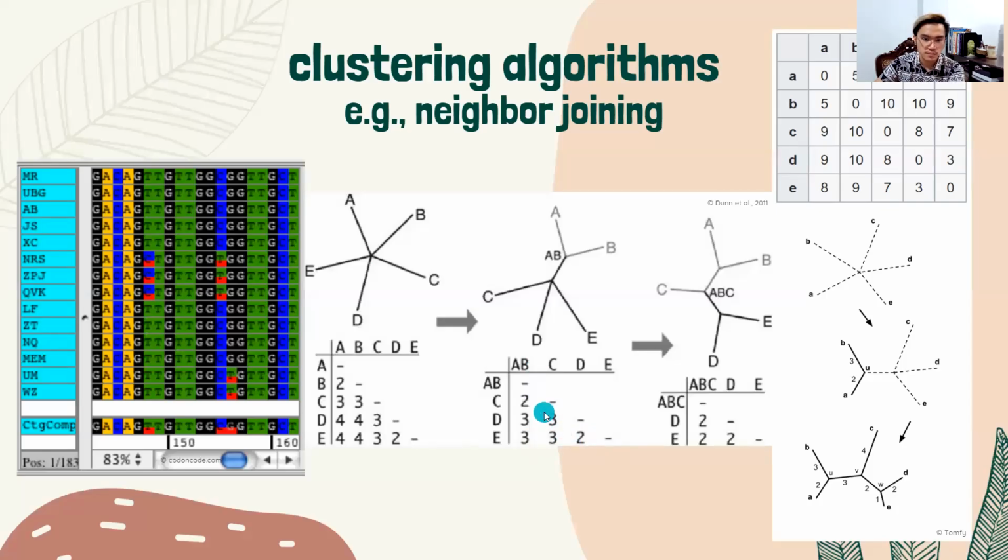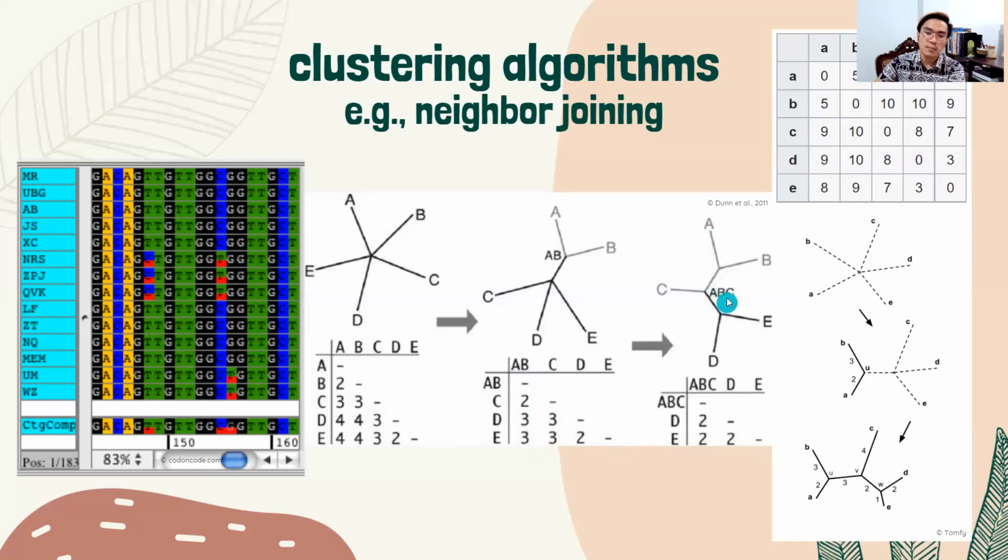It's the closest. Yeah, it's the least genetic distance, because the rest, if AB is compared to D and compared to E, there are 3 genetic distance units. So the algorithm would say, oh, most likely A, B, and C should be more clustered together. How about we group them together?